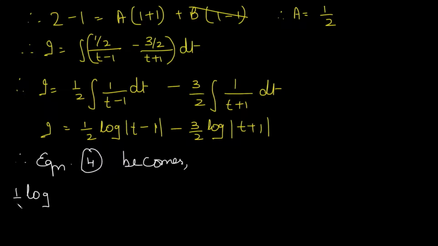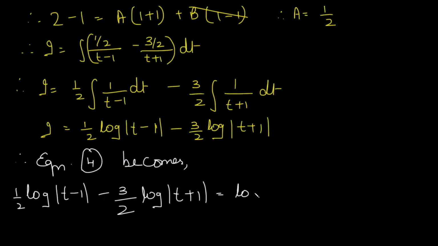1 upon 2 log mod of t minus 1, the LHS answer is this, minus 3 upon 2 log of t plus 1 is equal to, on the RHS, log mod of x plus log c1.